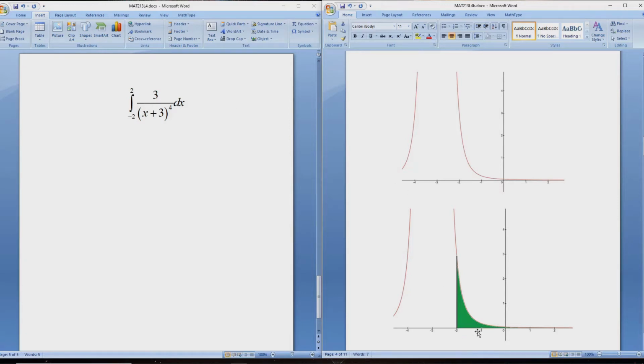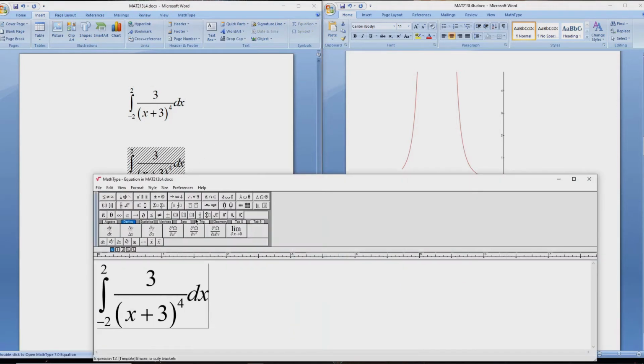That's the green area, from minus 2 to 2. We're trying to figure out that area. So something that you might want to do first is pull out the constant. And then here's the integral that we need to find the antiderivative for.